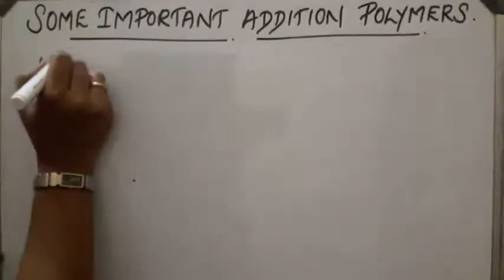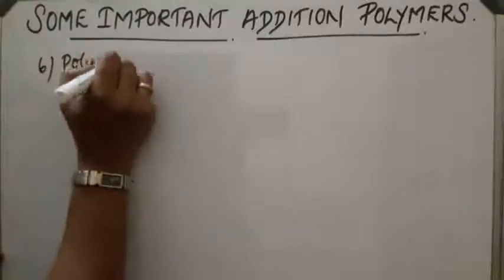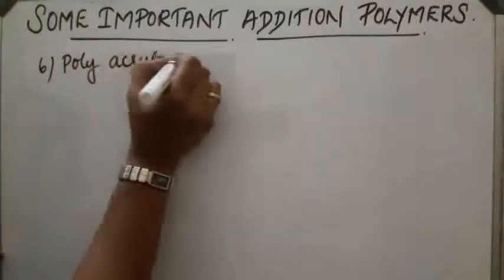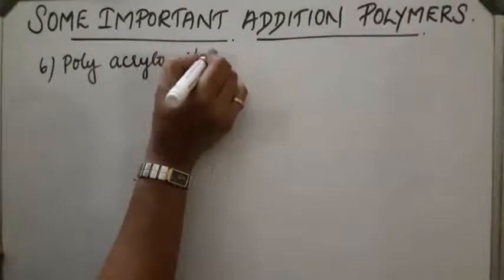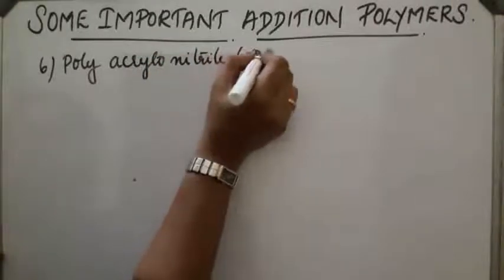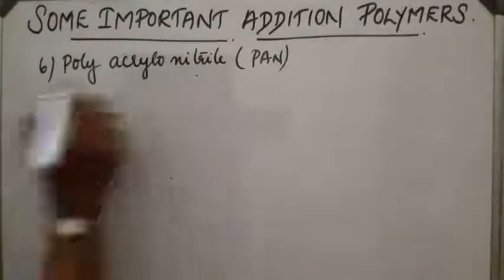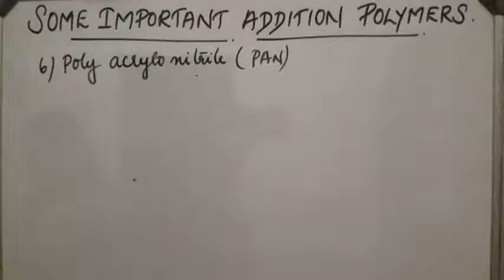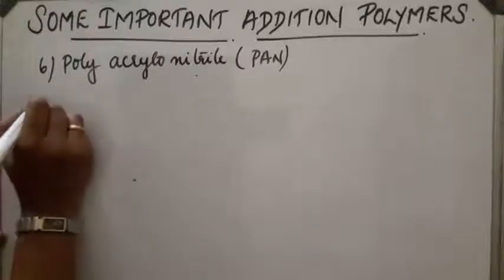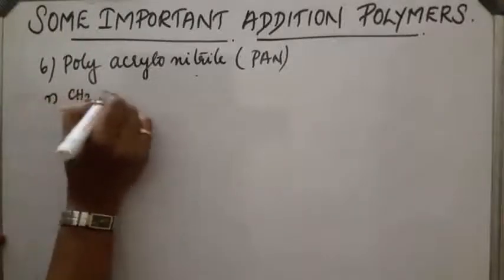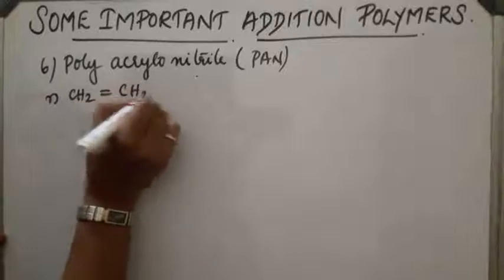The sixth one is polyacrylonitrile or PAN. How can we obtain this? This can be obtained by the polymerization of acrylonitrile, also called vinyl cyanide, in the presence of peroxide catalyst. See the reaction, CH2 double bond CH CN.